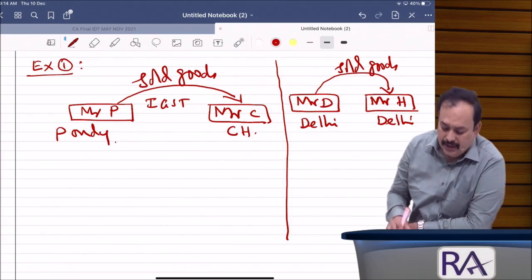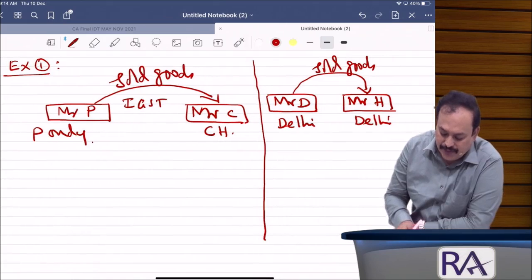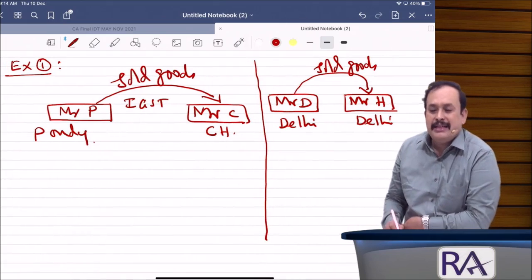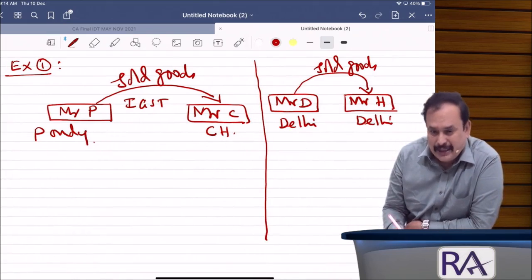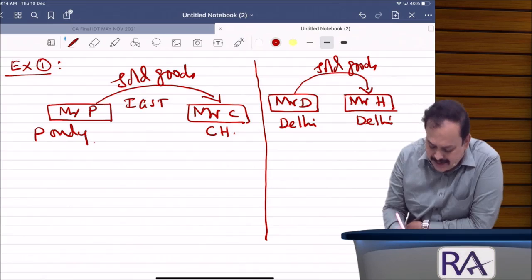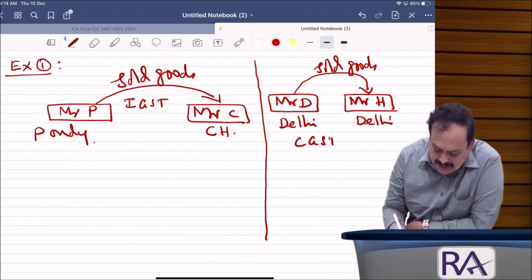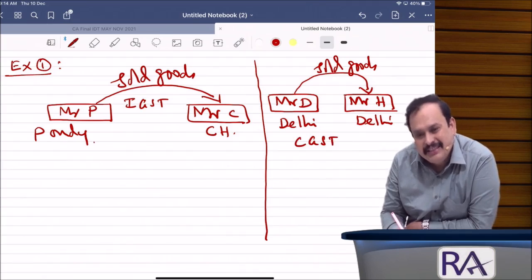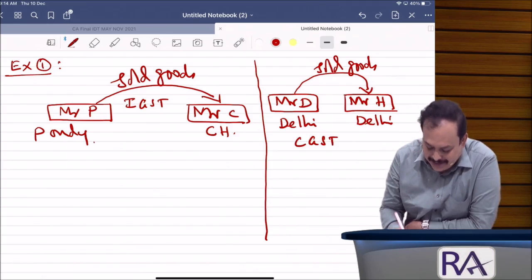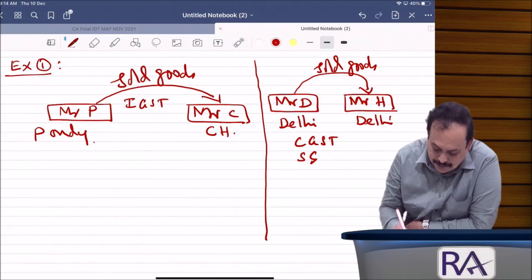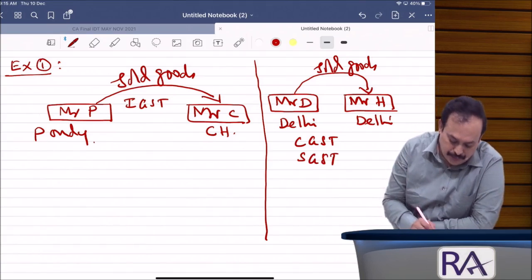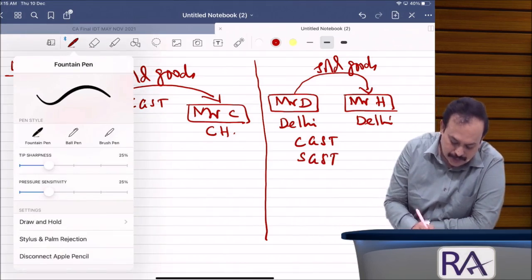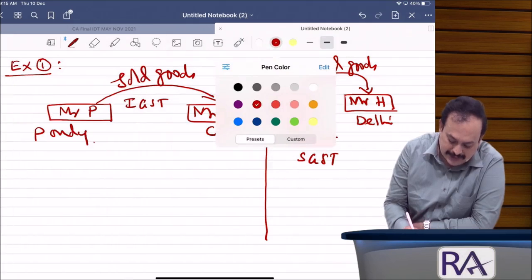Now you tell me, in the second case, H of Delhi, intra or interstate? Intra. Liable to pay what and what? CGST, accepted. SGST or UTGST? SGST? Are you sure? Yes. SGST. Liable to pay SGST. Good.